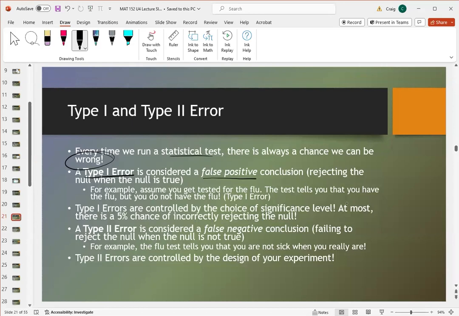So assume you get tested for the flu. The test tells you that you have the flu, but you don't really have the flu. Type 1 errors are controlled by your significance level. There's essentially a 5% chance that we're going to incorrectly reject the null. There's always that chance that it could have been a randomly chosen sample that was different. There's always a chance you randomly choose a sample of basketball players.